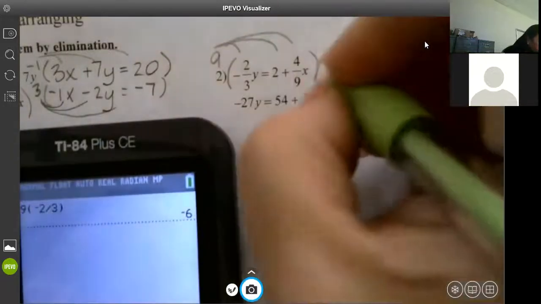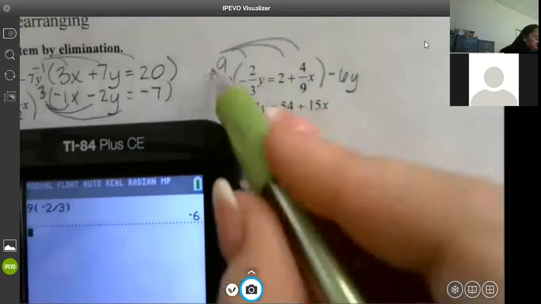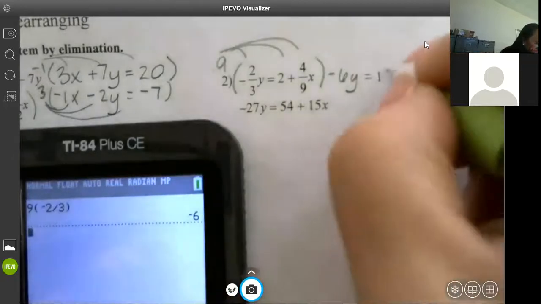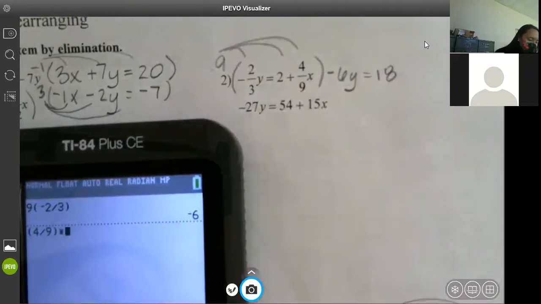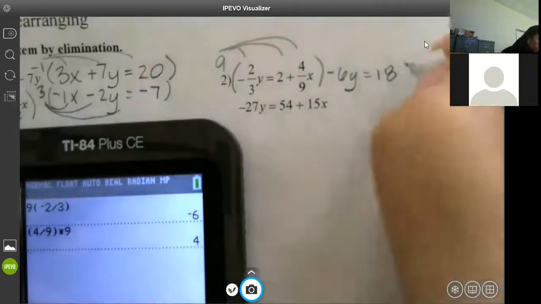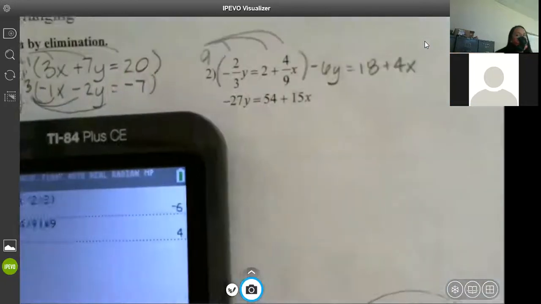So this is going to change into negative 6y. 9 times 2 is 18. And then 4/9 times 9 is 4. Make sure you put your variables down.